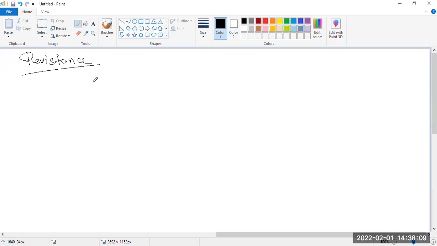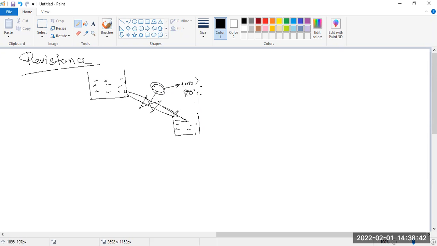I draw a picture so that you can remember this. If there is a water tank, and from here to here there is a restriction, or you may say this is a valve. If you open it 100%, then flow will be 100%. If you open it 80%, then flow will also be reduced, because we are giving some restriction.